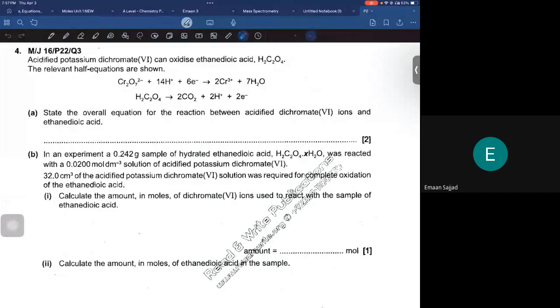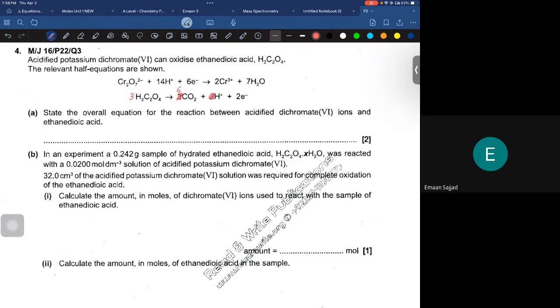In the first equation, we have 6 electrons. In the second equation, we have 2 electrons. Of course, I have to multiply the second equation by 3. Then 3 into 2 is 6.